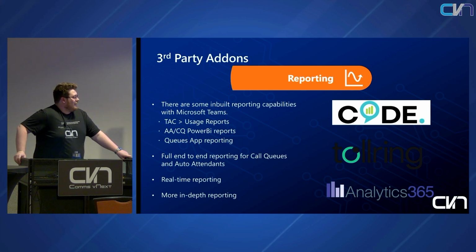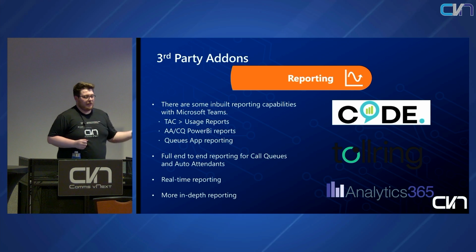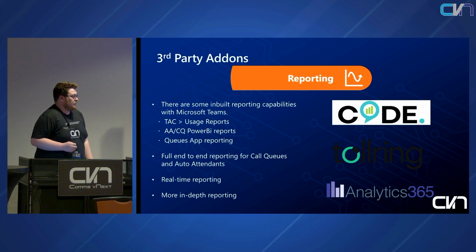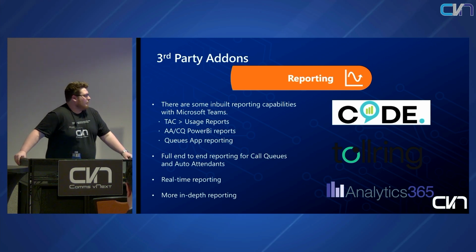But if not, if you're looking for something like full end-to-end reporting, there are a couple of third parties out there, Code being one of them that I've worked with, or Tollring, that sort of thing, that will offer more reporting capabilities than what you can get natively.